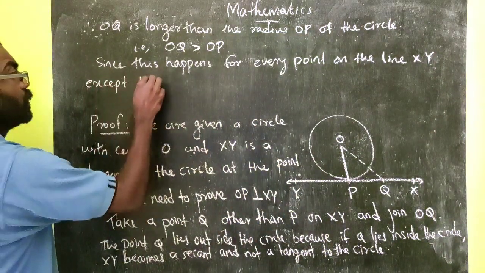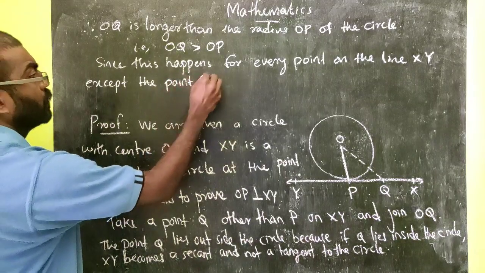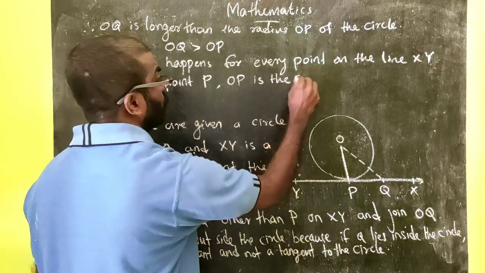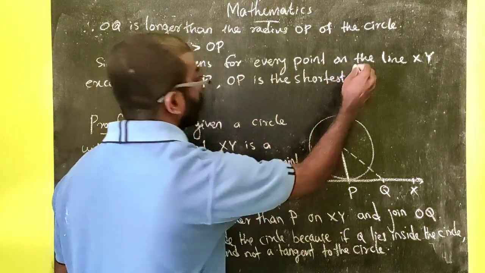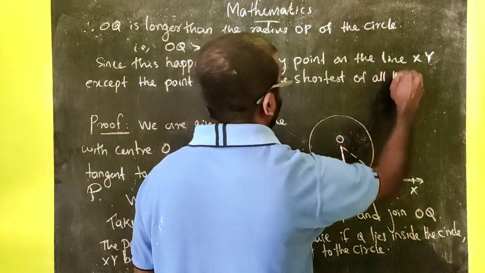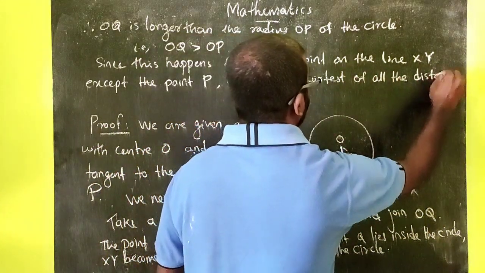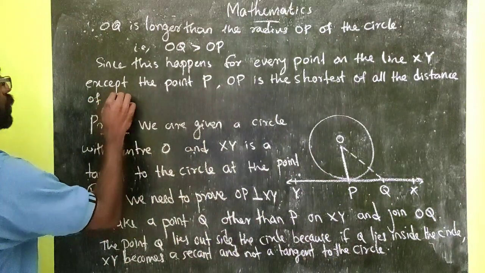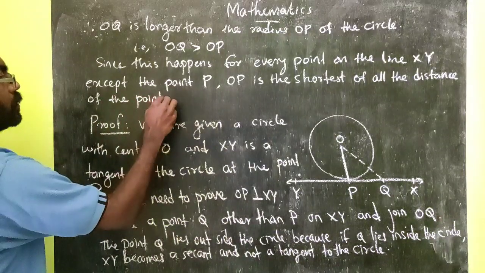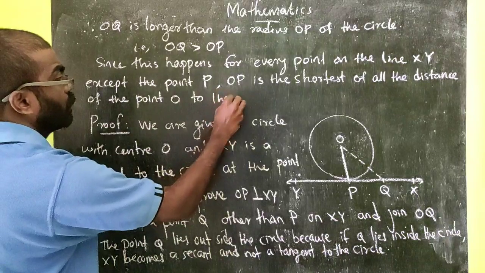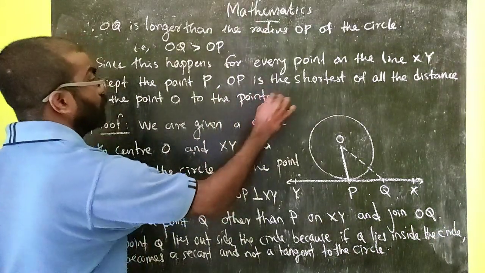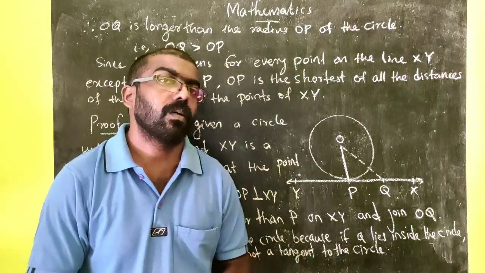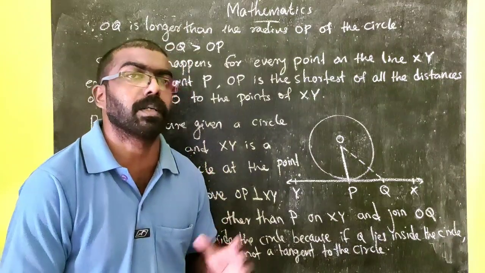Clear? And we know the shortest distance is always the perpendicular distance.